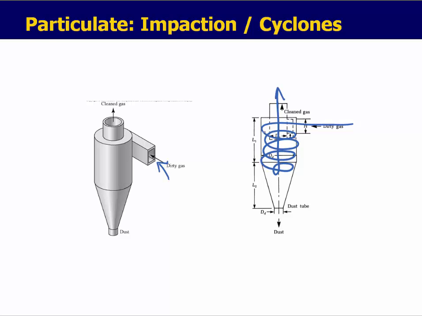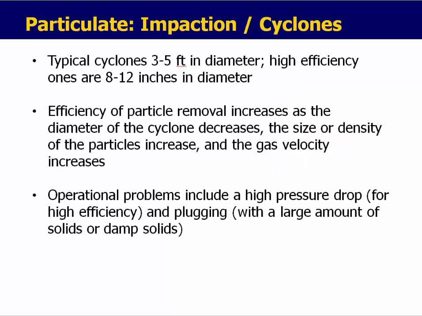Now, as the particle traveling through this impacts the wall, it's going to be moving at a different velocity. It will impact the wall, and it will fall out and be collected in the bottom of the hopper.